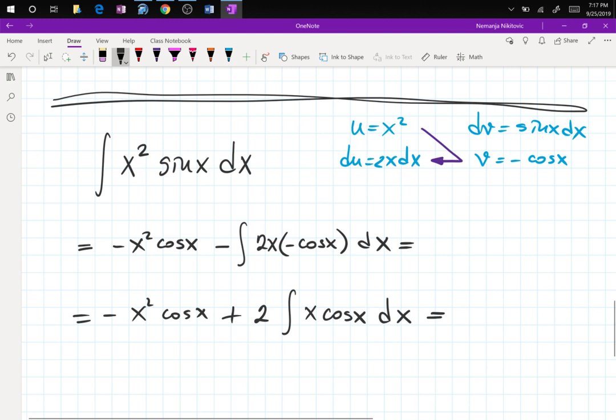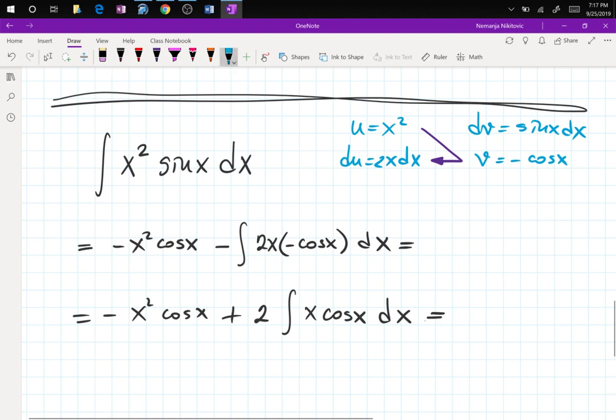X to the ninth, not an issue. 9 integration by parts takes time, but no issue. The square on that initial x tells you how many integration by parts you have. So it's not going to be an issue. You see x to the 9, 30 minutes of your life down the toilet, but you got it. You know how to do it, okay?